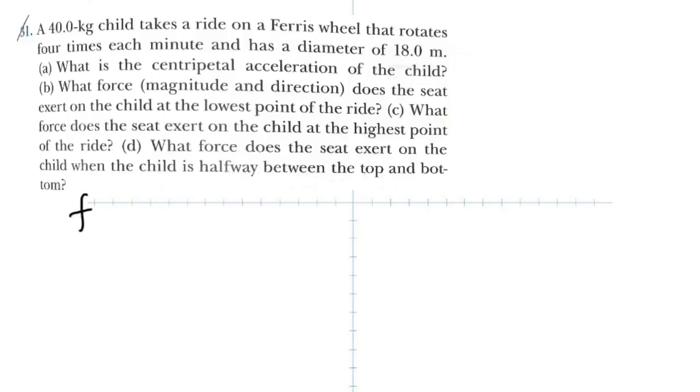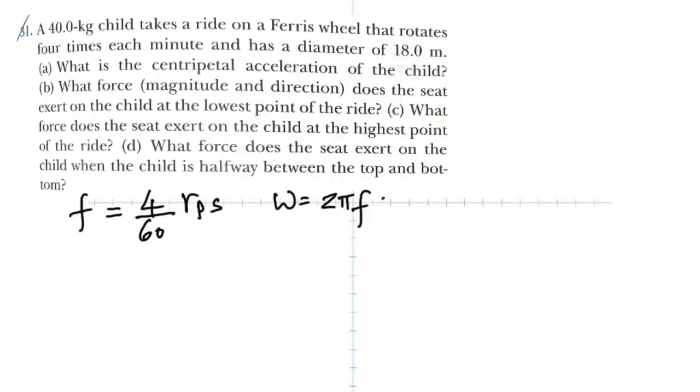Here is the last problem for the day. A 40-kilogram child takes a ride on a Ferris wheel that rotates 4 times each minute and has a diameter of 18 meters. What is the centripetal acceleration of the child? All right, frequency is 4 divided by 60 because we want it per second.